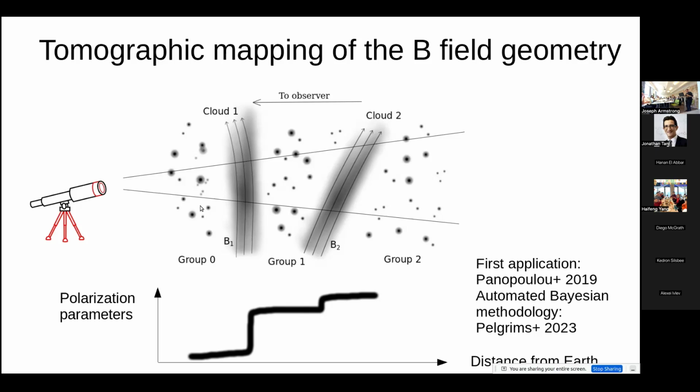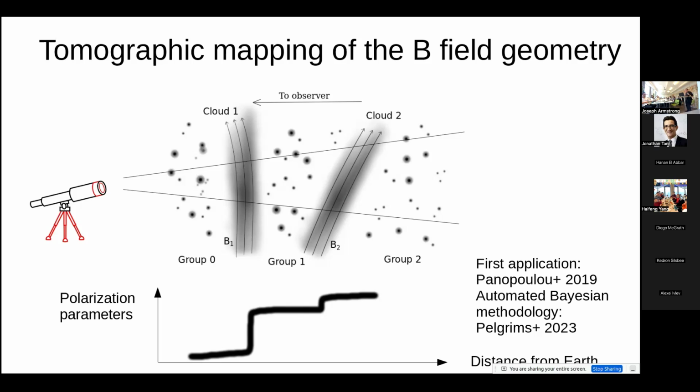So where you have no dust in the foreground, you'll see 0 polarization of the stars. When you pass a cloud, you'll start to see stars that are polarized due to that cloud. And then when you pass a second cloud, you'll see the cumulative effect of both clouds in the polarization. And this is a vectorial addition, so it's not a simple subtraction of the polarization, but it can be done.